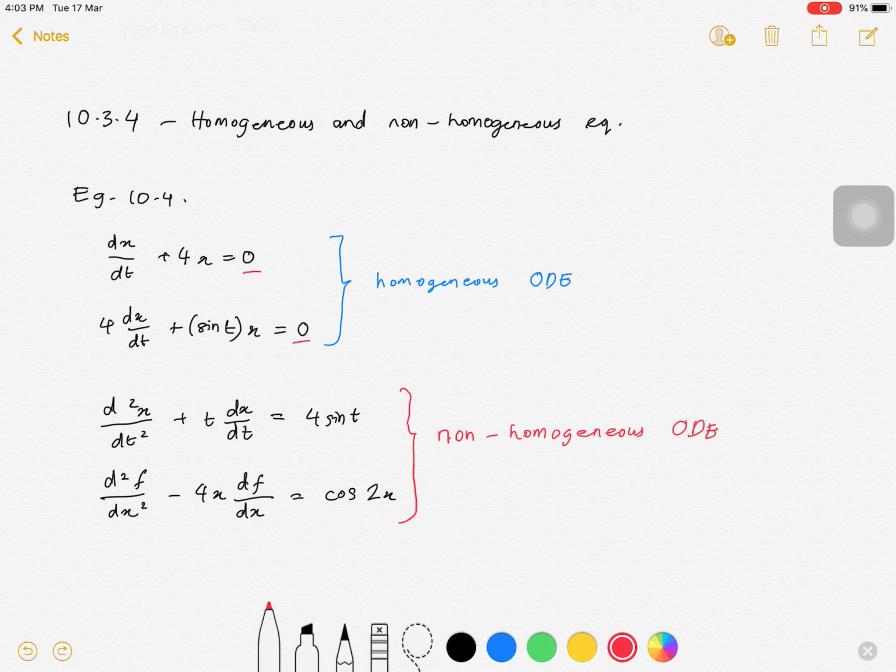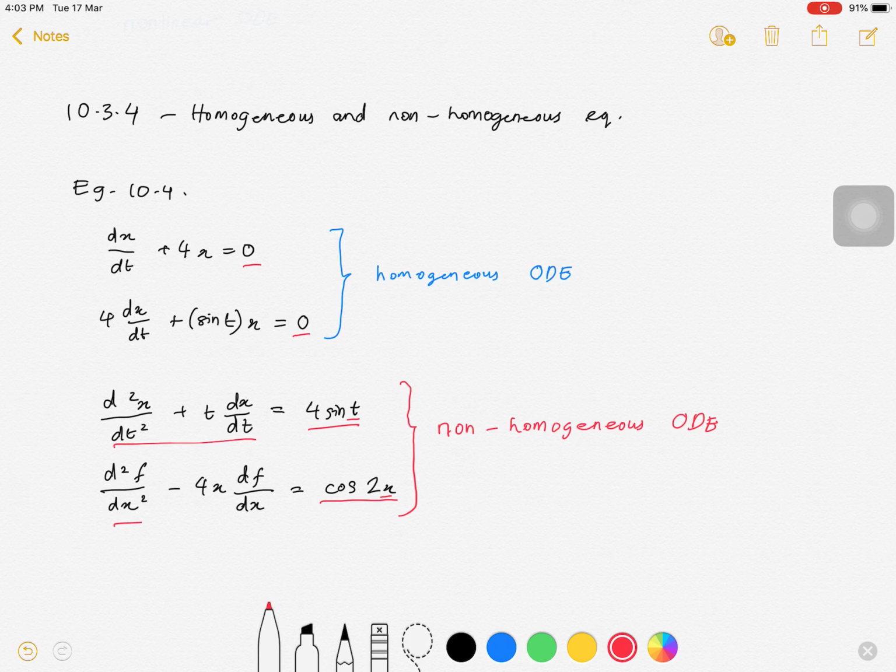When we have something at the right hand side, whether it's a constant or an independent variable, for example this t and this x, it will be non-homogeneous ODE. Don't get confused with this equation and this one, because in the first equation x is the dependent variable, but in the second x is the independent variable.